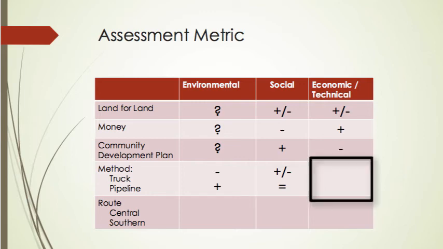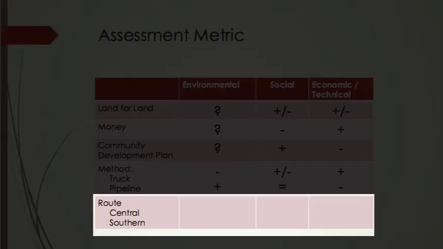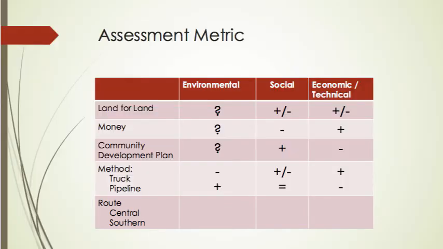Economics. Which of the two is cheaper, trucks or pipeline? Well, trucks are probably cheaper with upfront costs, so let's look at upfront costs there. And I placed a plus sign in that area, and I put a negative sign for the pipeline. Now let's look at the routes. There were two routes, the central route and the southern route.